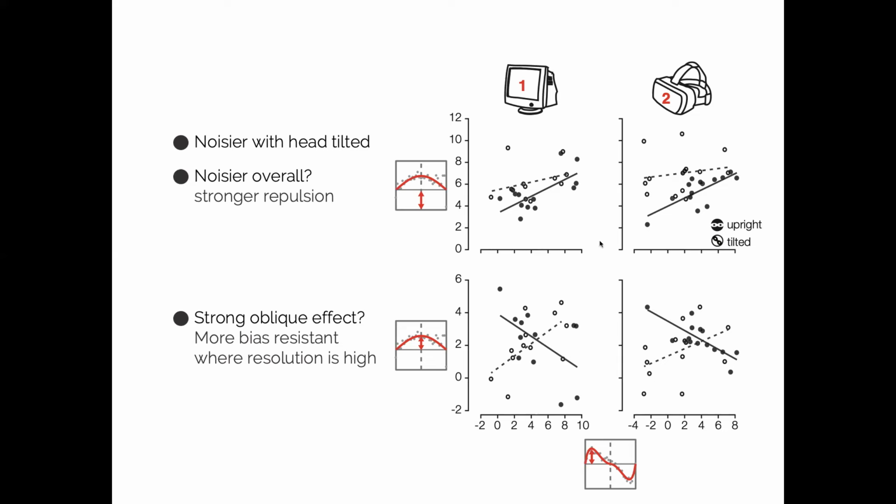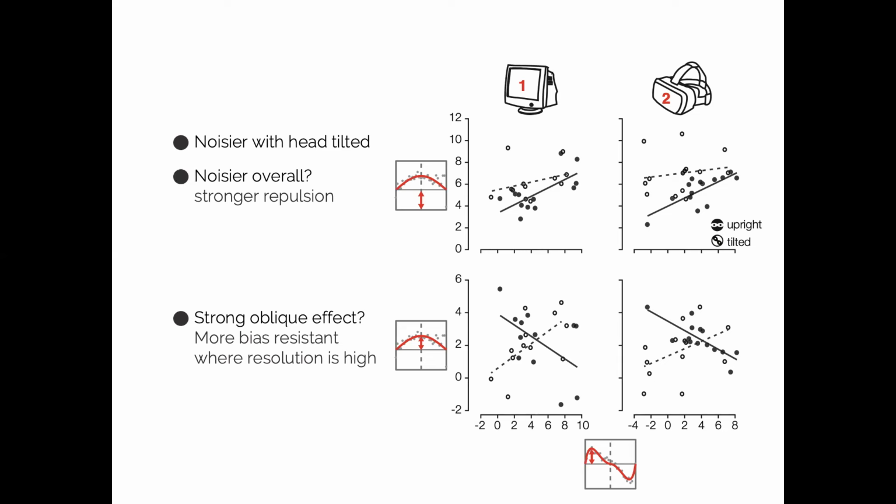All right. So there seems to be this relationship between how strong someone's oblique effect is and the extent of the repulsion. Now, the interesting thing is that when they tilt their head, this relationship flips. So now their high resolution part of the space is not in the part where the bias is anymore. That all sounds very hand wavy, but bear with me.